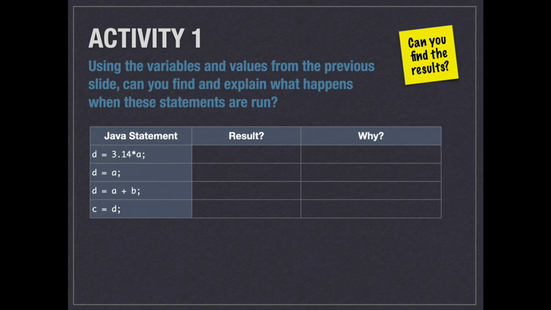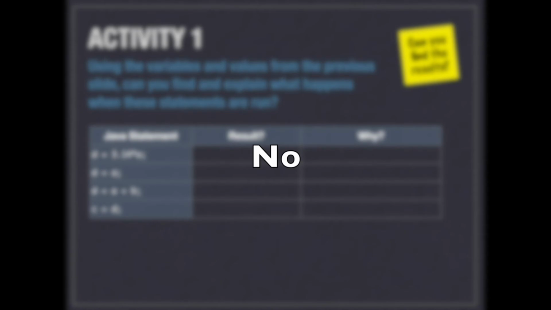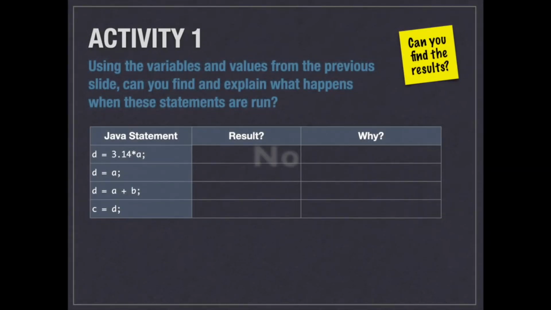So one point of confusion people have at this point is they say, well, wait a minute, A was just recast. That first example, D equals 3.14 times A, you just said you recast A as a double. So in that next line of code, A is already a double, isn't it? So no, recasting only works for one operation. In the first example, yes, A is automatically promoted to carry out the multiplication. Java pulls the value stored in A out, makes it a double precision value, does the math.